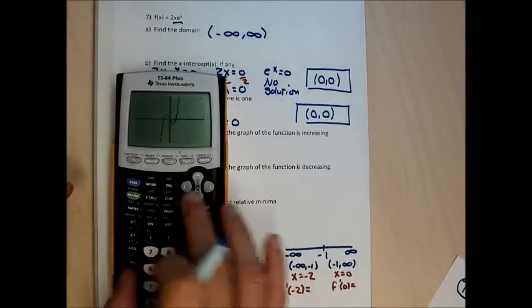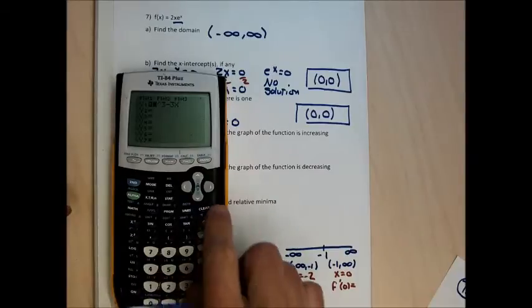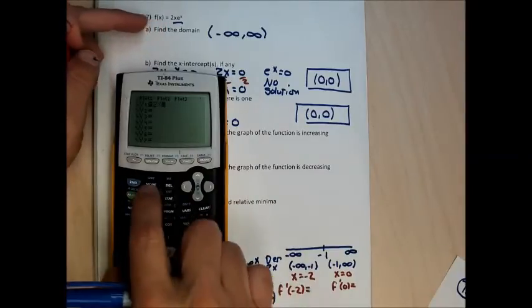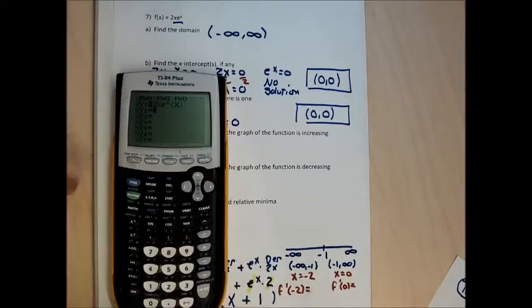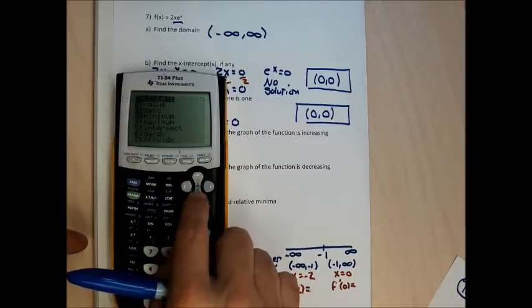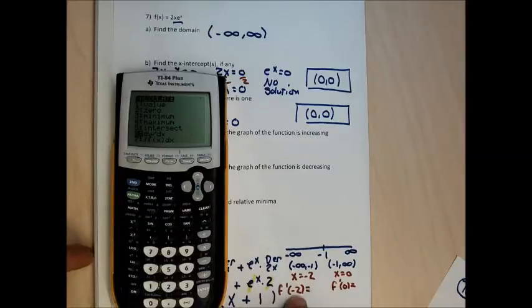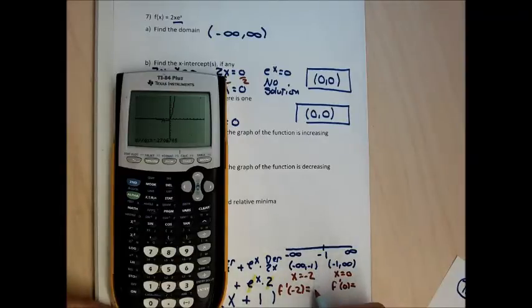So into my y equals, I need to put the function 2x e to the x, and now I'm going to graph it. I might have to work on this window, but I'll live with it for now. I'm going to go second calc to find f prime of -2. I go down to dy dx, I type in -2 and hit enter, and I get -0.27.